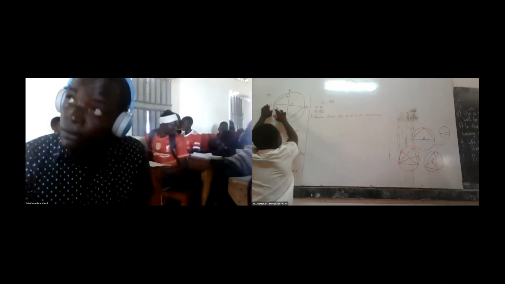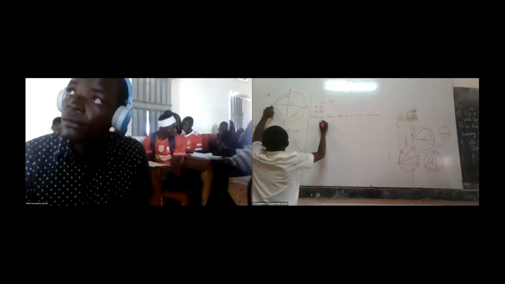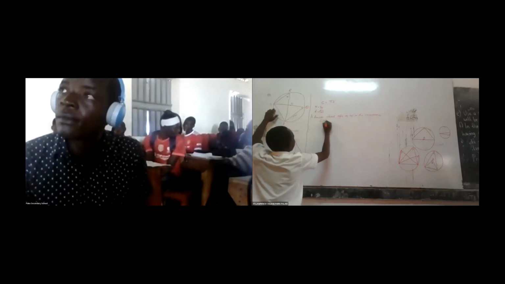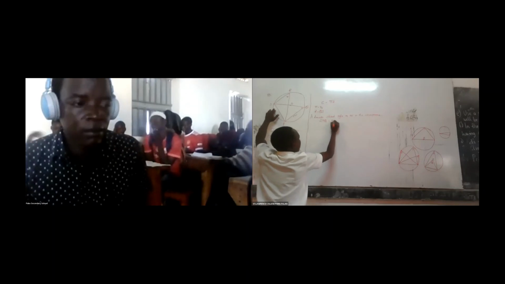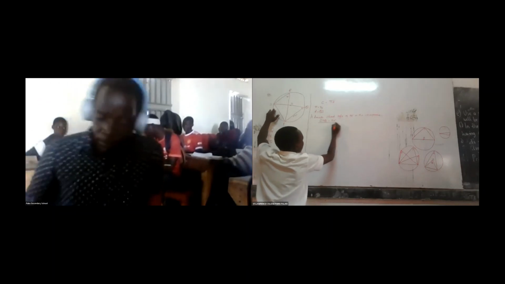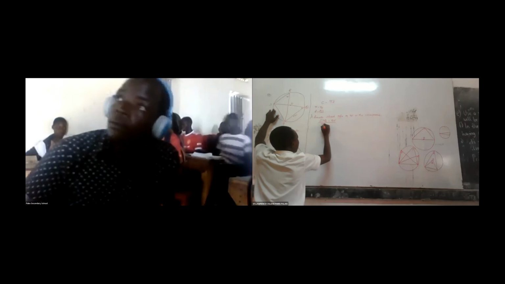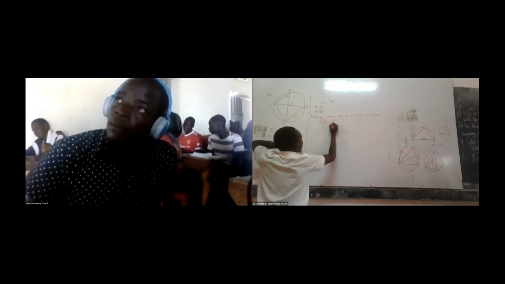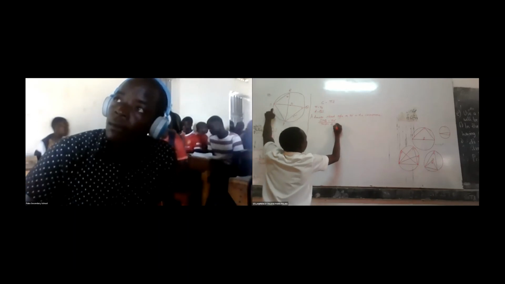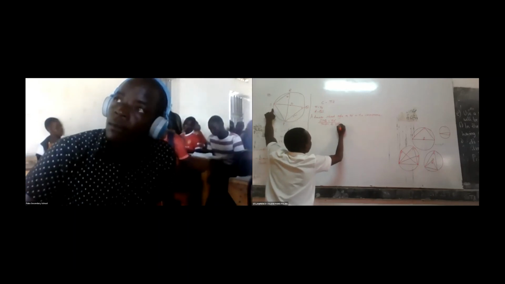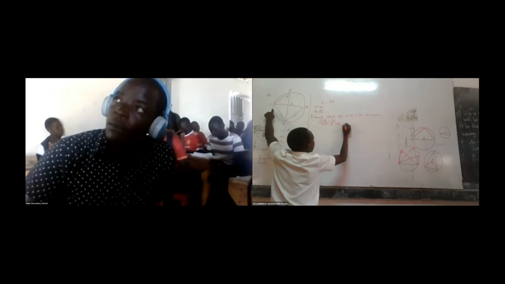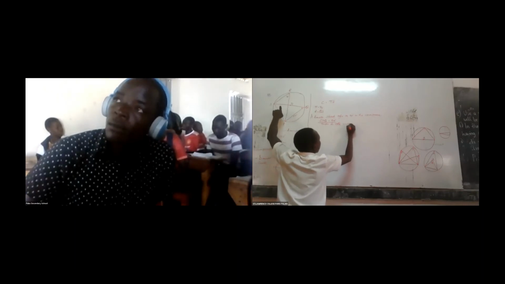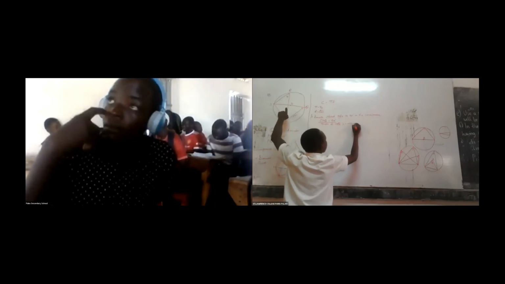So this means that SPQ is equal to 90 degrees. Therefore, triangle SPQ is a right angle triangle.